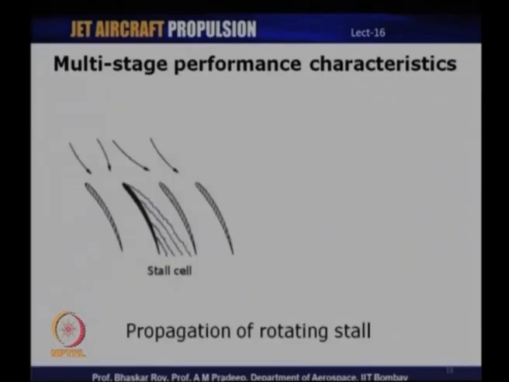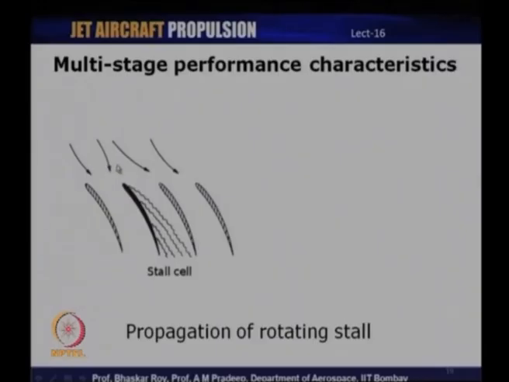So, let us see what actually happens during rotating stall. Now, during rotating stall, let us say there is a certain pocket of non-uniformity in the incoming flow, and this pocket of non-uniformity may cause either one blade or a set of adjacent blades to operate under stalled condition. So, here we have a non-uniform flow, that means there is a flow entering the compressor at a very high incidence than the design condition.